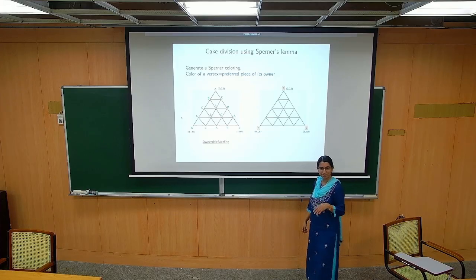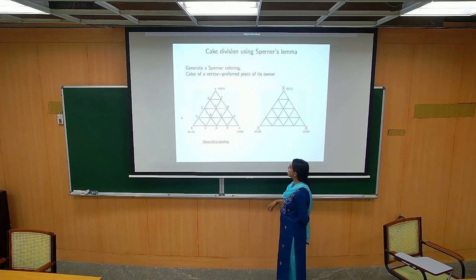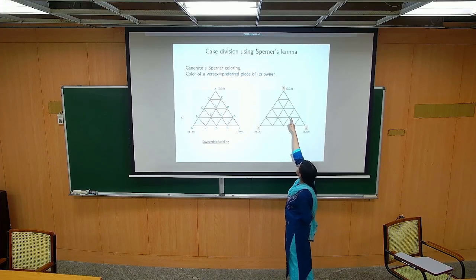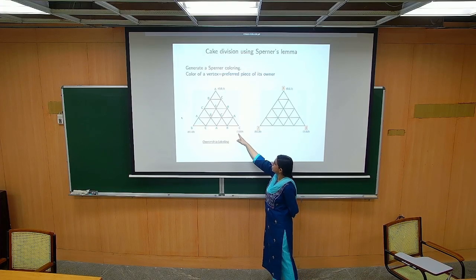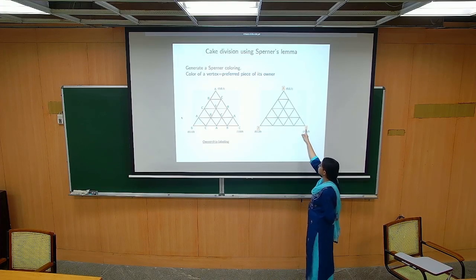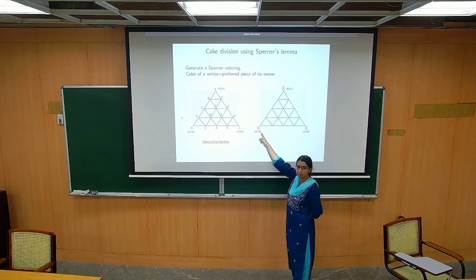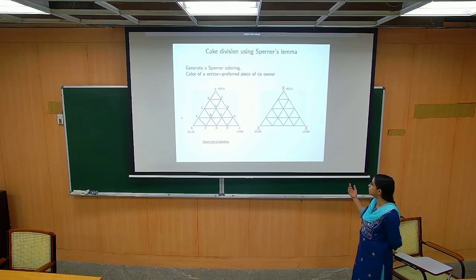This is a hungry agent's assumption. We will go with that. So clearly there the third piece is going to be liked by agent A, so the vertex will get color 3. Here this agent is going to like piece 1, so this vertex has color 1, and that agent will like the second piece, so this vertex gets color 2. I am just calling the colors 1, 2, 3 now.